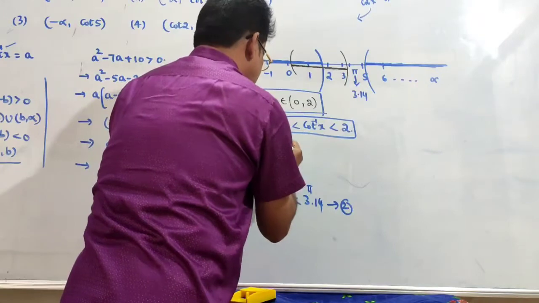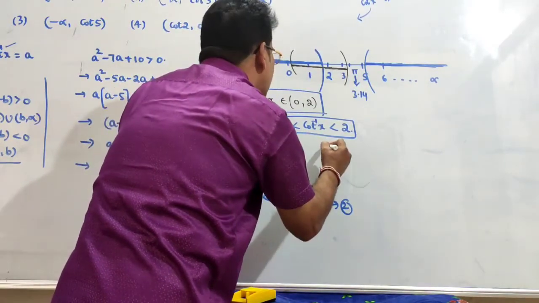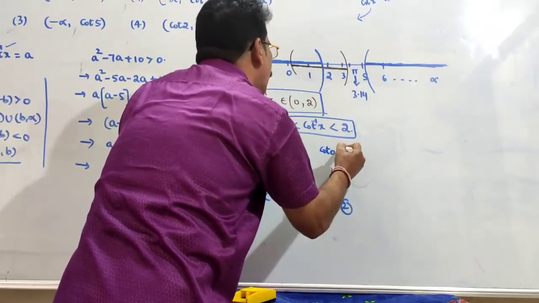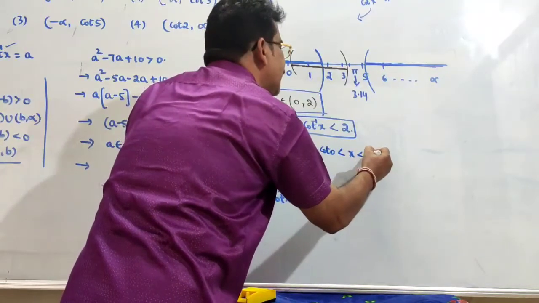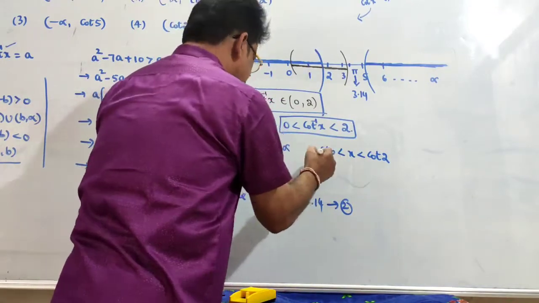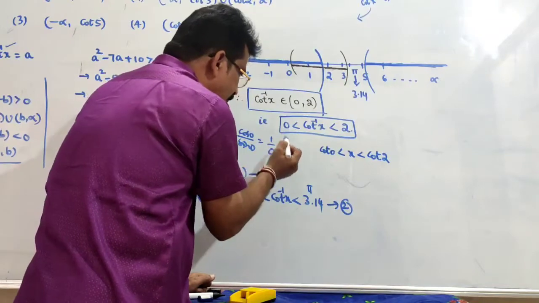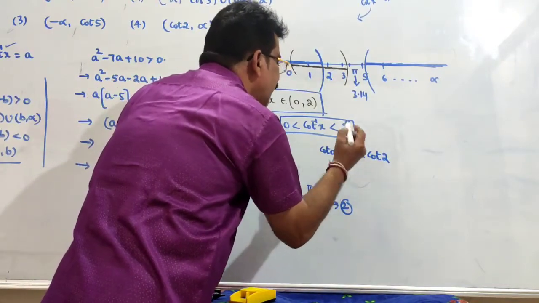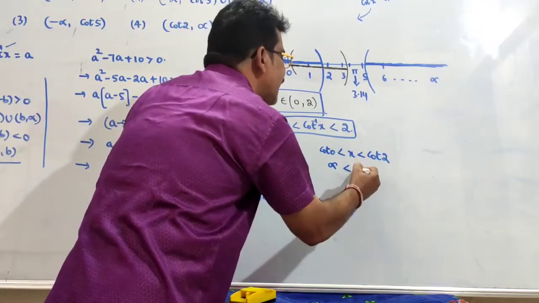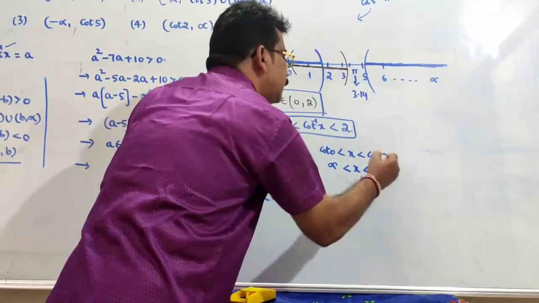I am telling that cot 0 less than x less than cot 2. Cot 0 is cos 0 by sin 0, which is infinity. We should not write infinity less than x less than cot 2.